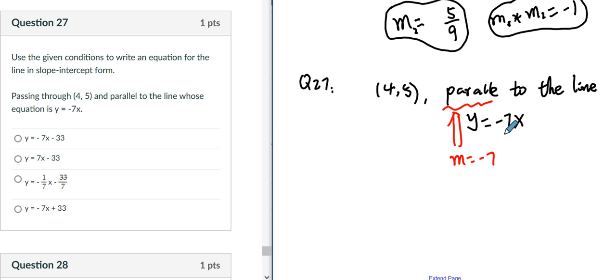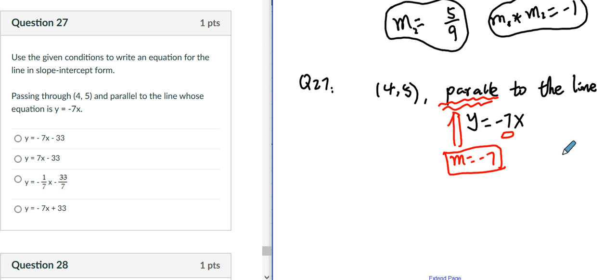So here the slope is negative 7, and the slope for the line we are going to find should be equal to -7 as well, because again, it is parallel.